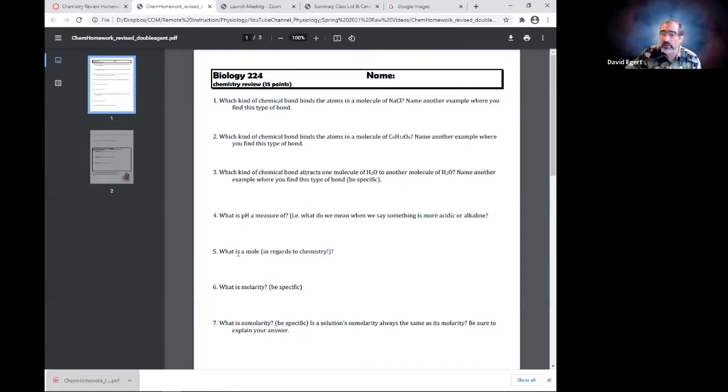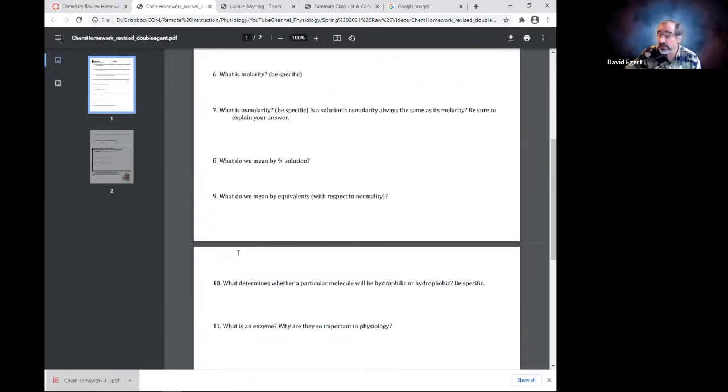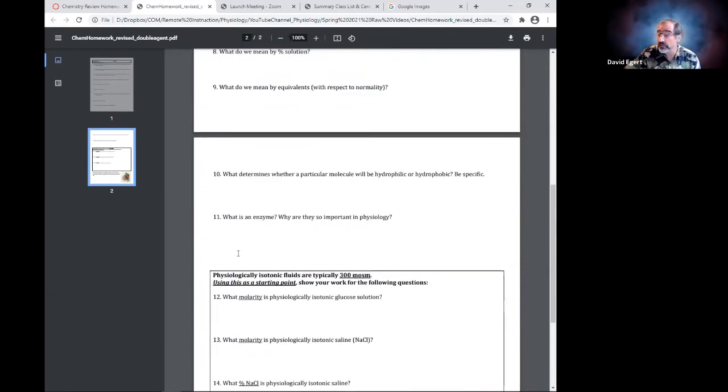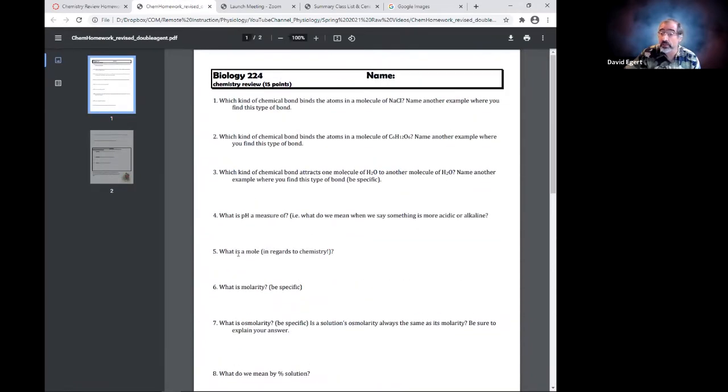Basically what I want you to do is print it out, then scan your answers and submit them as a PDF. It's just 15 points. You're going to have a week and a half to do this.